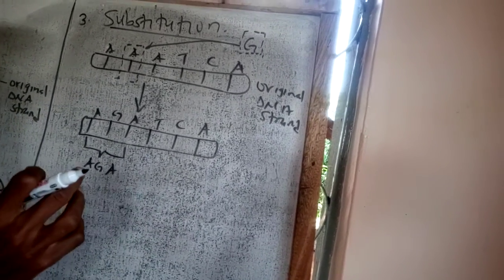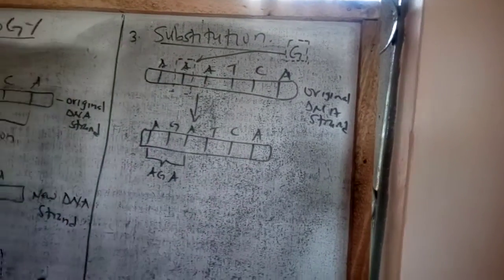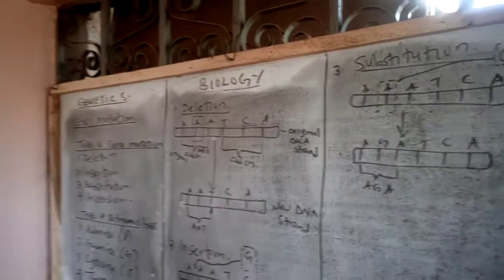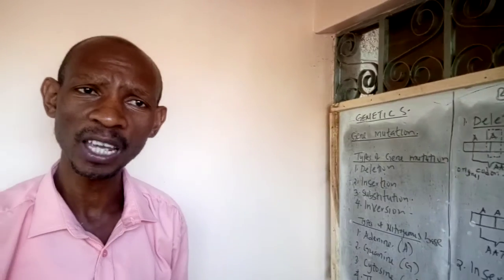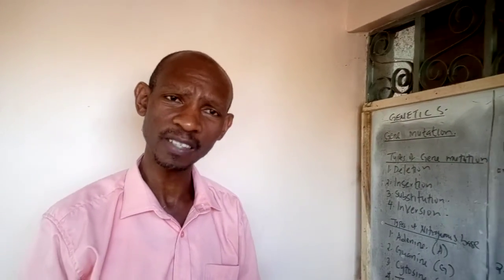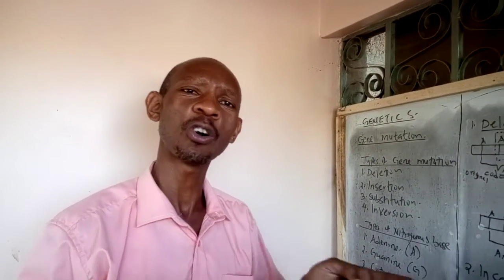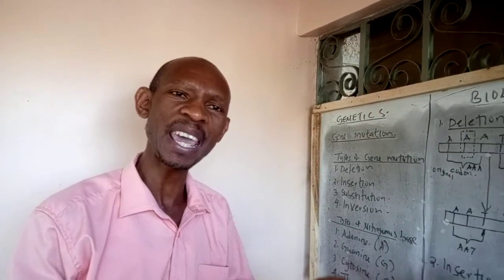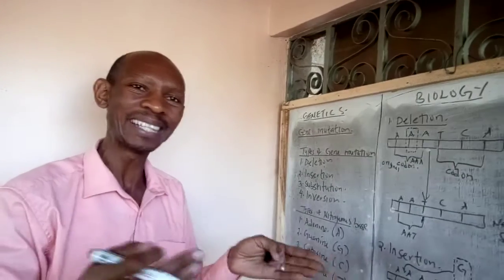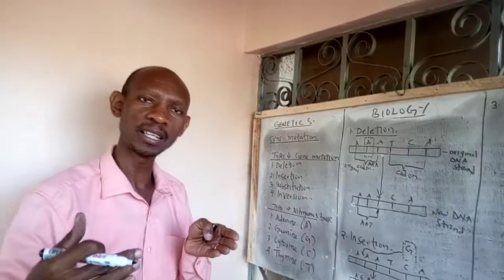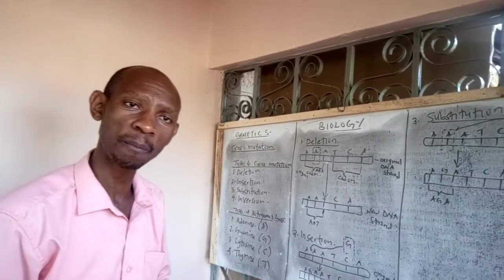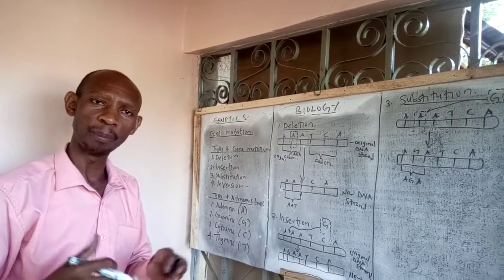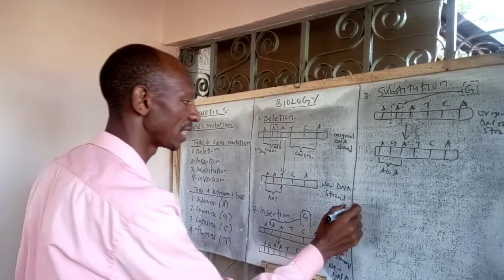And this, due to the formation of a different protein, now it will result to what we refer to as mutation. And therefore you can see that after substitution, the original codon was changed from AAA to AGA, and therefore they result to the formation of a different protein which will bring mutation.